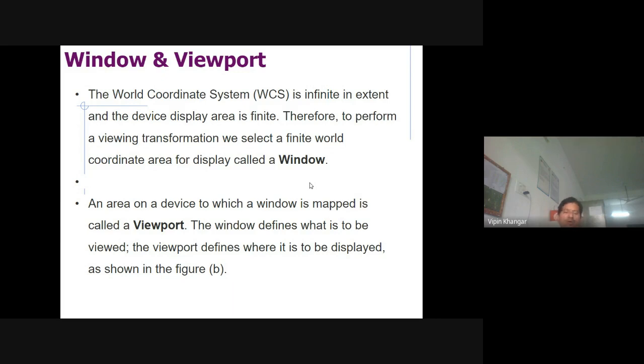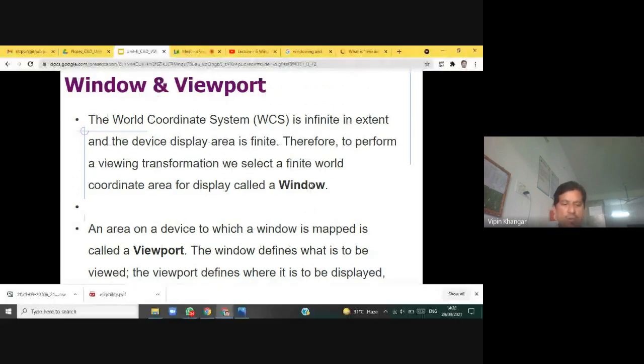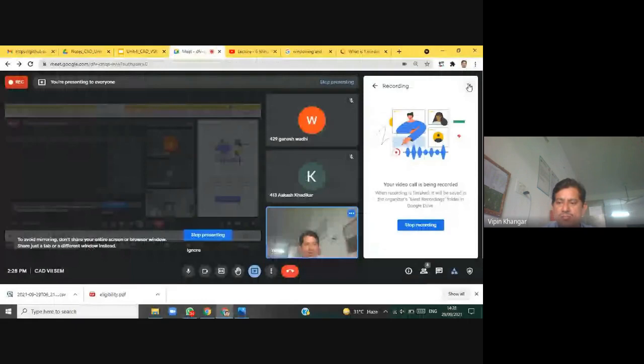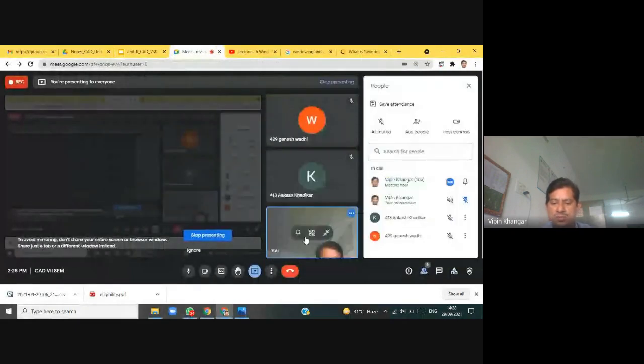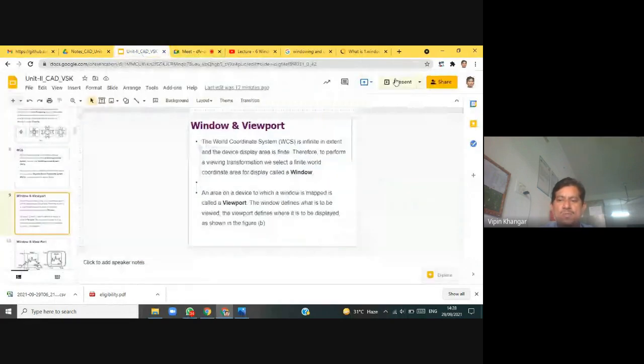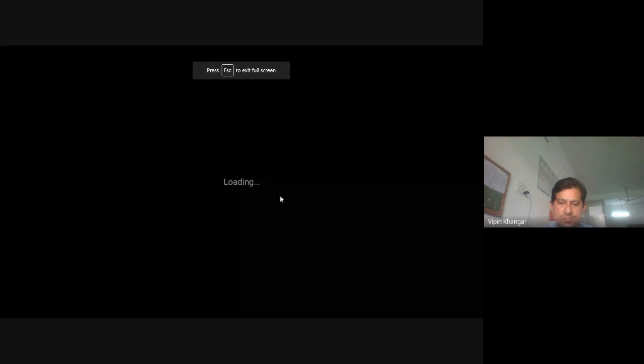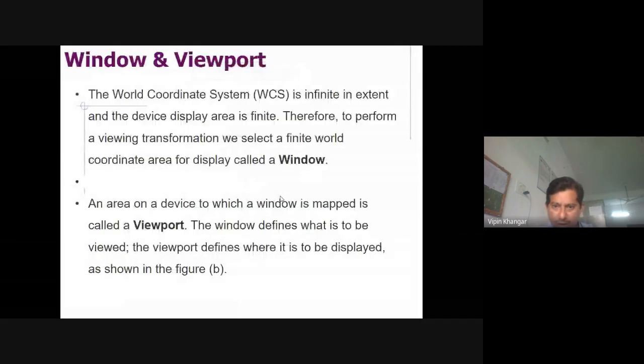Everything cannot be shown on our display devices. So we use a finite world coordinate area, and this is called the window.